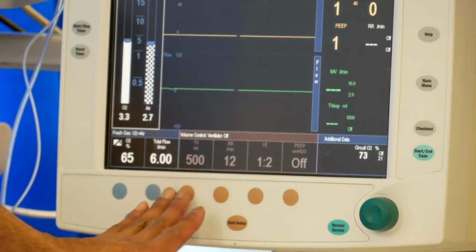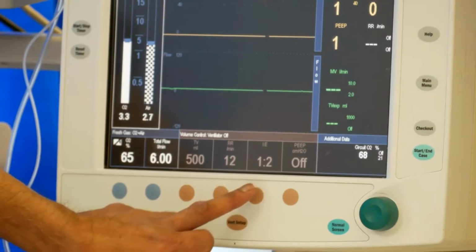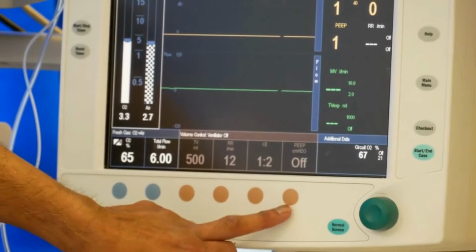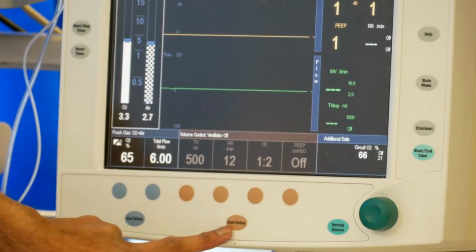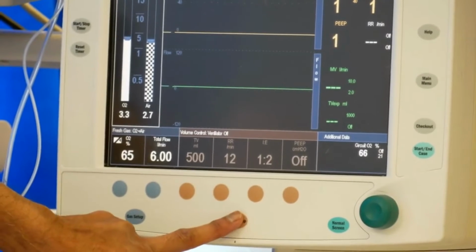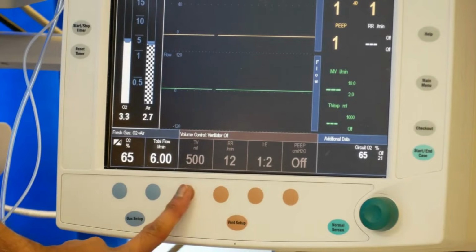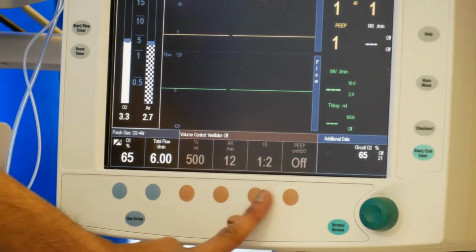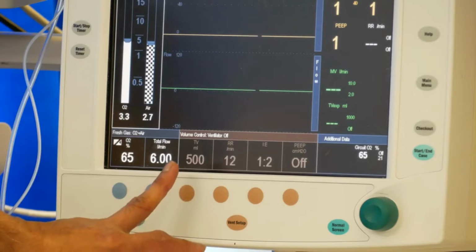Next to that are the brown colored buttons. There are 1, 2, 3, 4 buttons, and there's another button saying ventilator setup. As a non-intensive care doctor, you don't have to make any of these changes, but you have to get an idea of the settings.